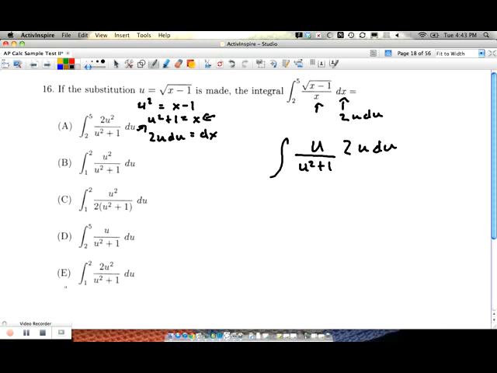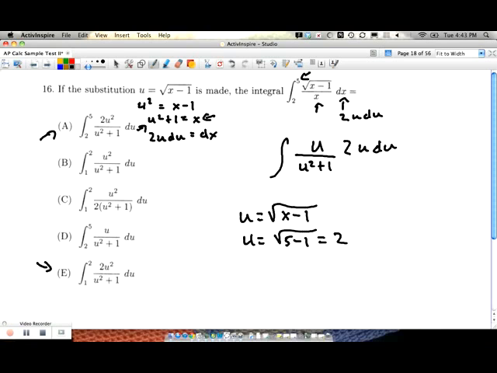Now the limits are pretty similar all the way through. The only thing that we need to check is, is it E or is it A? It's one of those because they're both pretty similar. Well, I know that u equals the radical x minus 1. So if I start with a 5, then u on top is going to be the radical of 5 minus 1, which is square root of 4 or 2.